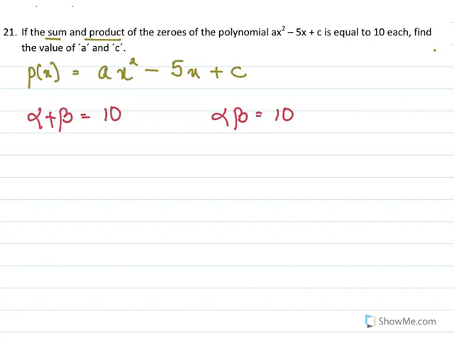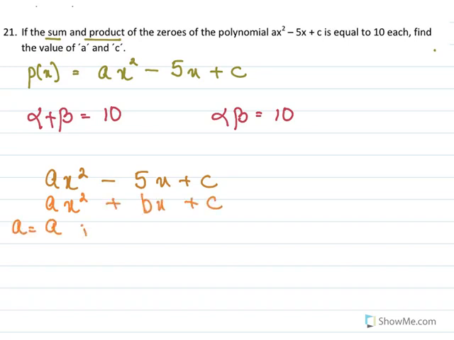Now in this polynomial, first we need to find the values of a, b and c. If we compare it with the standard polynomial Ax square plus Bx plus C, we say A equal to a, B equal to minus 5, and C equal to c.